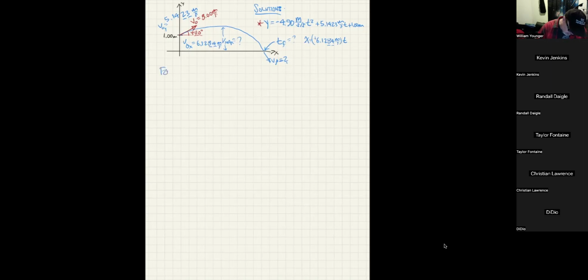So for t final, I will solve for y equals 0. Now what that means is I put a 0 here and it gets negative 4.90. I've already done my unit stuff, so I'm just going to drop that off right now. Plus 5.1423.